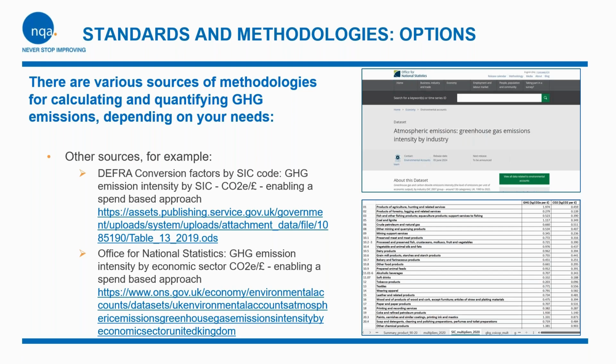So if you know how much money you spend purchasing goods and services from a particular industry, it is possible to do a carbon conversion using that data. Although it's not going to be as accurate as using the more accurate line-by-line conversion factors.